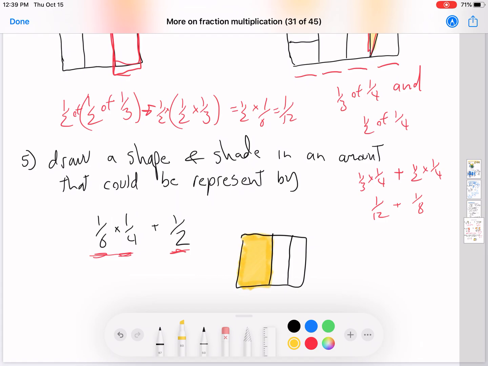And then this piece right here is 1/4 of the shape, but I don't want the whole piece. I want 1/6 of that 1/4. So cut that 1/4 into 6 equal pieces, and I want one of those. So here's 1/2 plus 1/6 of 1/4. Something like that. All right, that is it for more on fraction multiplication stuff.